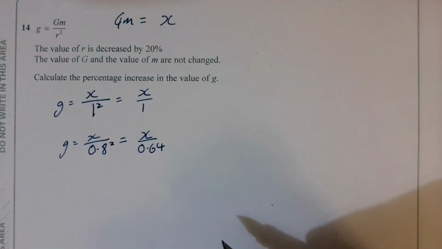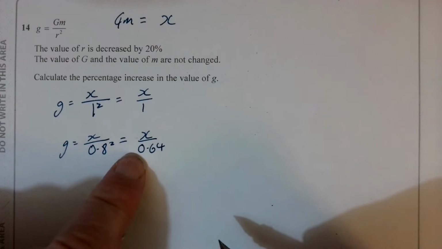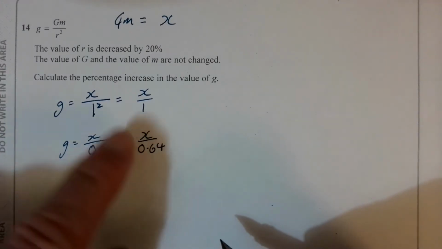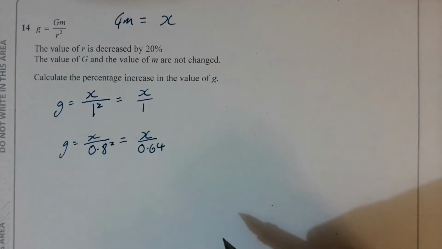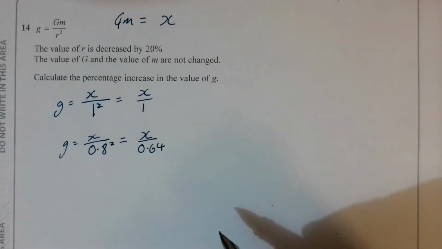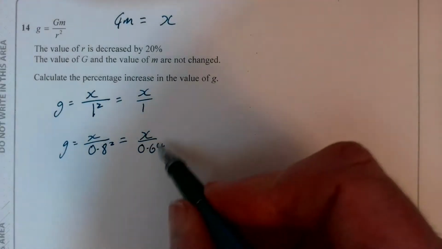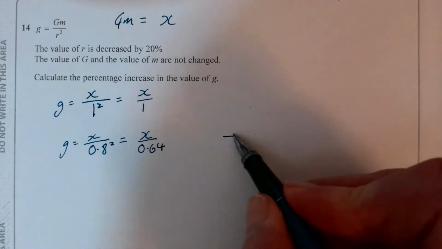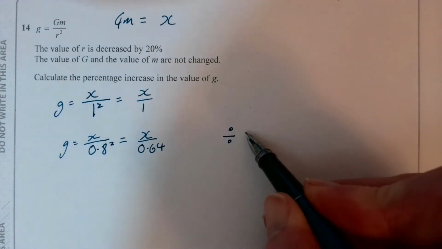So what I want, if I divide something by 0.64, how much bigger does it become? And it doesn't matter what this number X is, that may as well be 1. What we're worried about is the act of dividing by 0.64.